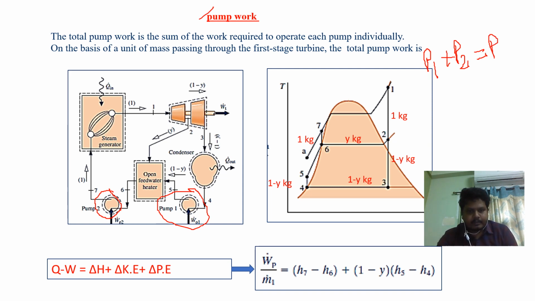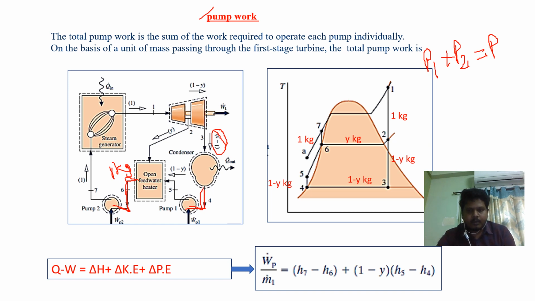And one more point: 1 minus y mass enters from the condenser to pump 1, and 1 kg mass enters from the open feed water heater to pump 2. Again I am repeating, in pump 1, 1 minus y mass enters from the condenser, and in case of pump 2, 1 kg mass enters from the open feed water heater.